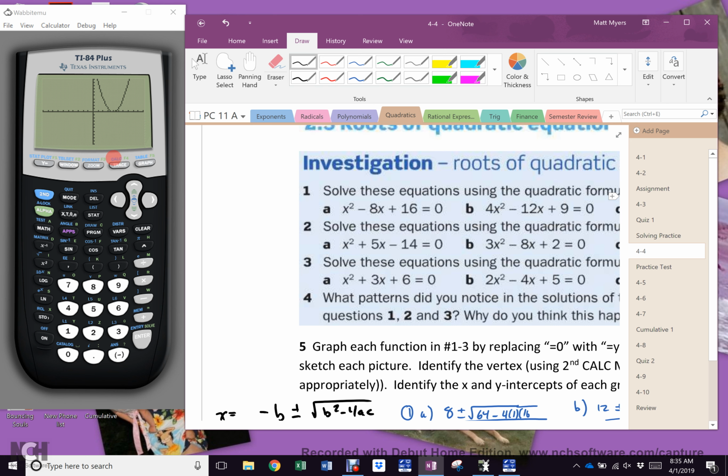So right there, it says calc. Second, calc. And there's all my choices. What am I seeking? Of all those things, what do I want? You want the 0, right? So we're going to hit 2.